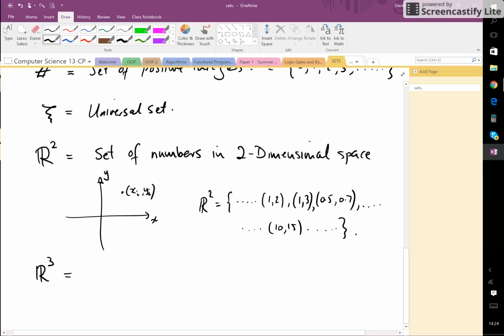So we've just said that R squared is the set of, not numbers, but points, I think is a better way of describing it, in two-dimensional space. So all of the points on there. R3 is the set of points in three-dimensional space.